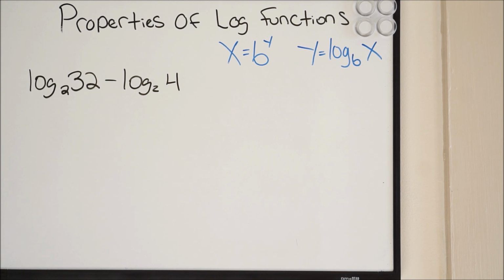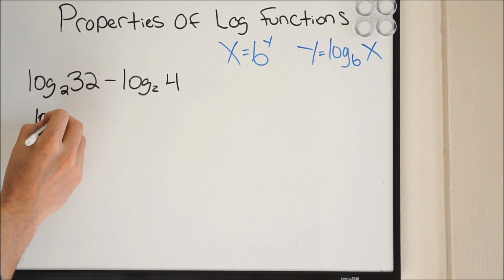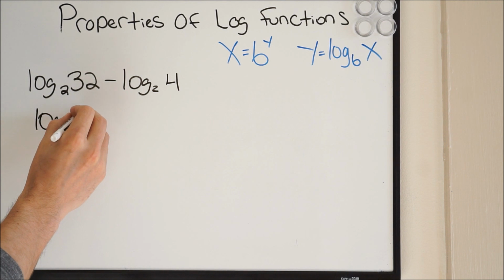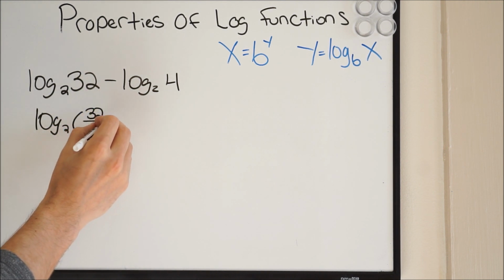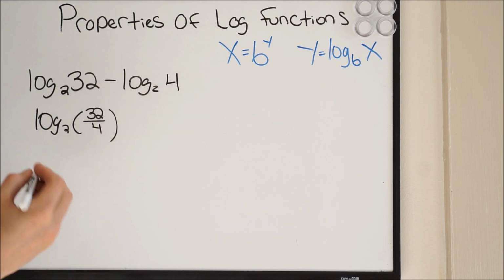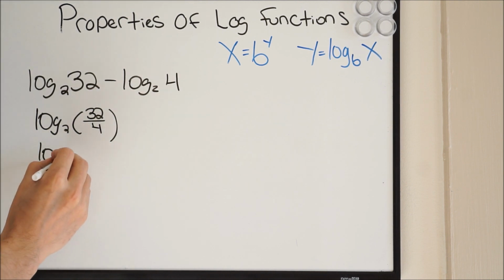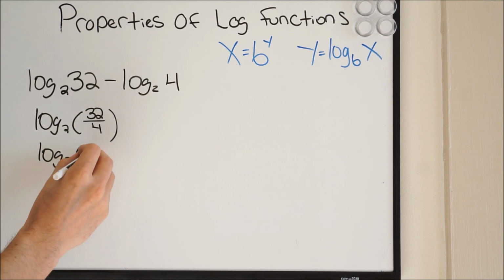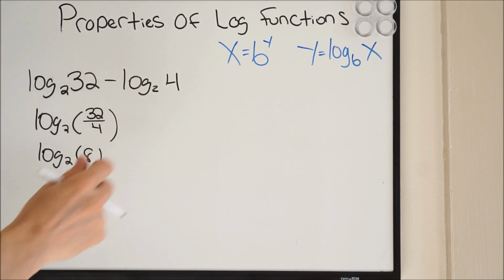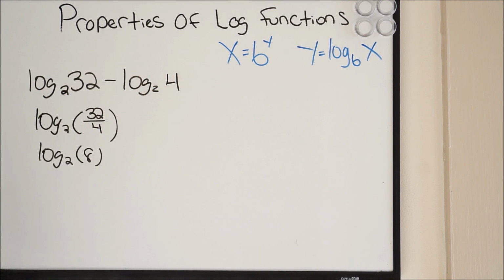So I can rewrite this as log base 2, and this will be 32 divided by 4. Going a little bit further, I can have log base 2, 32 divided by 4 is going to be 8. And then using your equations up here for log functions, right now I'm in its logarithmic form.